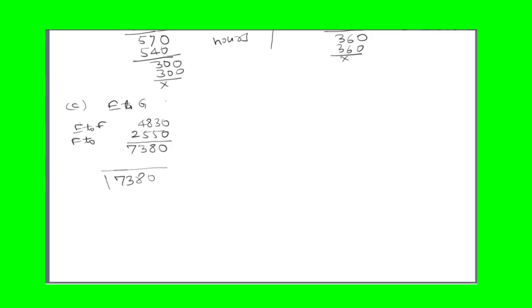So 7,380 kilometer divided by 60, which is the speed, we get the time. So this is one time. Remainder is 13. We carry 8 from above. It goes for 2 times.